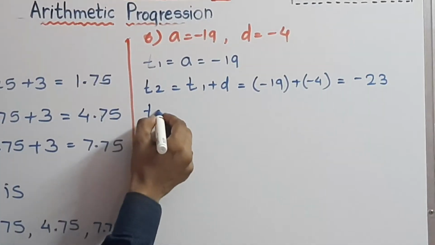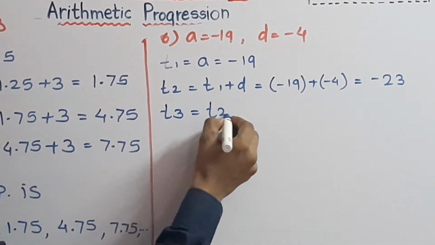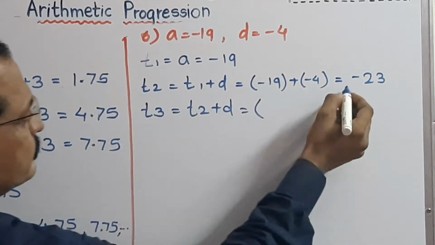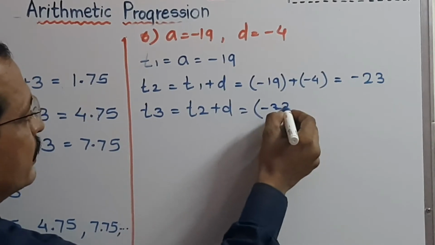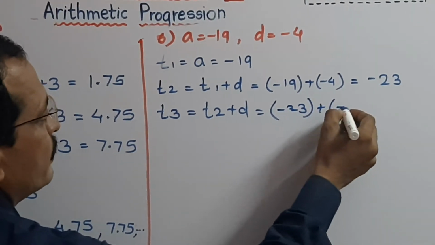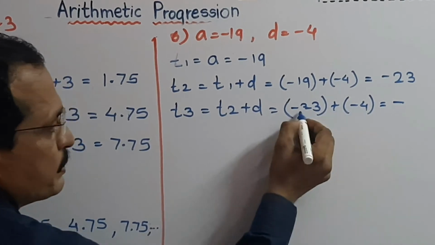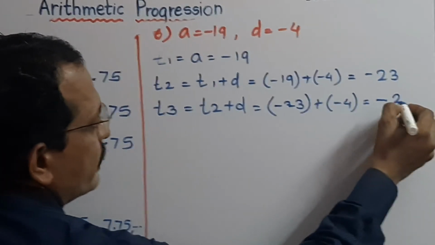Then T3 is equal to T2 plus D. Now T2 is minus 23 plus common difference minus 4, it is minus will plus, it is minus 27.